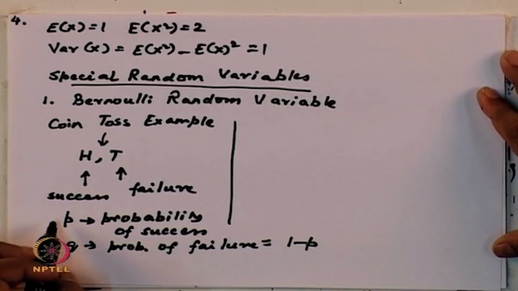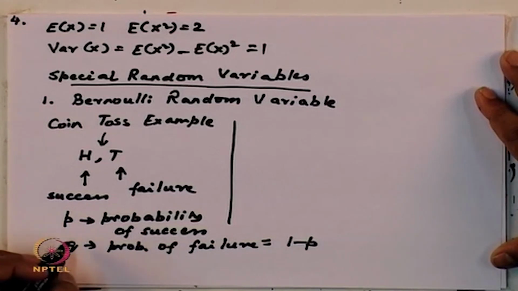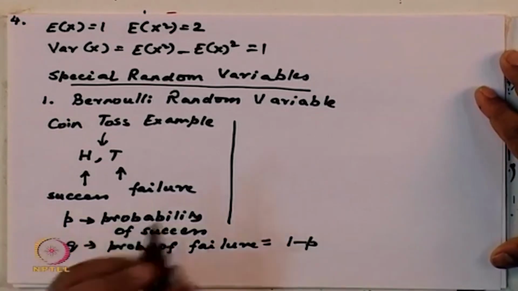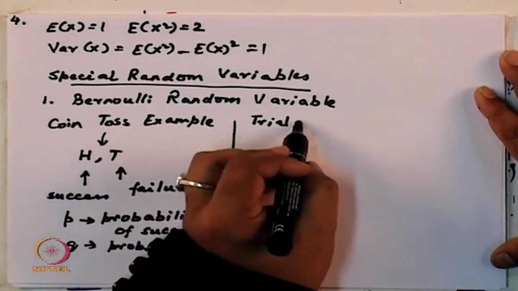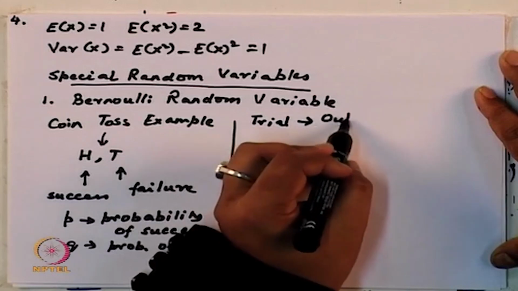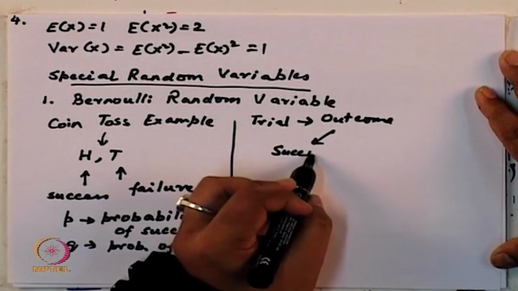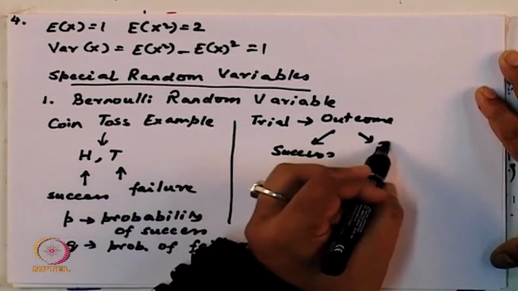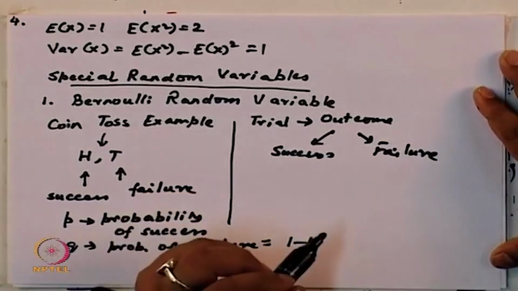If your coin is unbiased, then P and Q will be equal to half, but if it is biased, then P and Q may not be half. So in general, in each trial, the outcome is either a success or a failure, depending on how you define an event as a success or a failure.